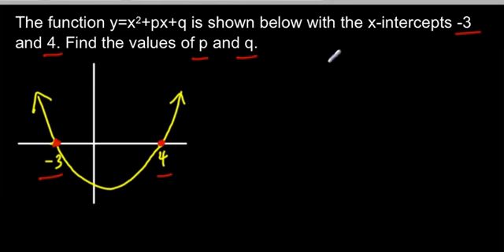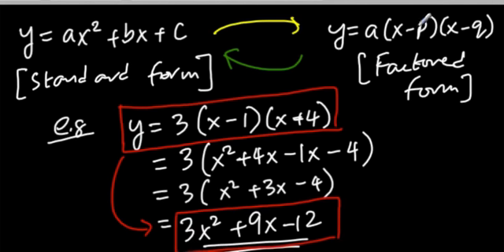Now, if we take a look at this, this is y equals x squared plus px plus q. Traditionally, in the other examples, I've said that p and q are the x-intercepts. But really, I could have labeled it any other way.